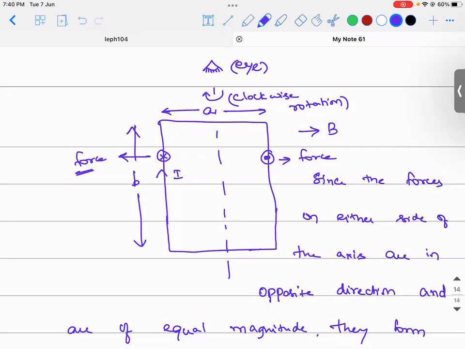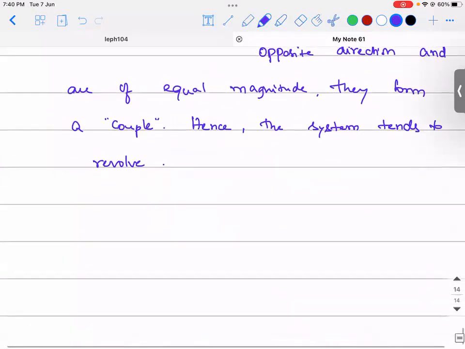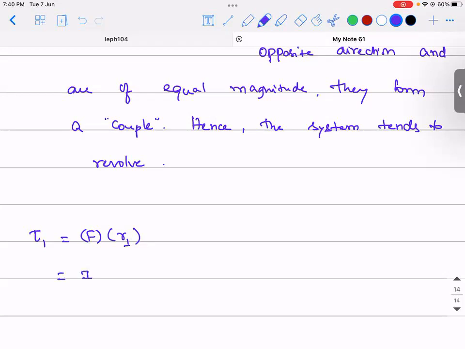Now, when it has a clockwise rotation, can I find out what is the torque experienced by the first current carrying conductor? So torque experienced by the first current carrying conductor will be equal to F vector into R perpendicular vector. Or I'll call it as force into perpendicular distance. So what is the force acting on the wire 1?